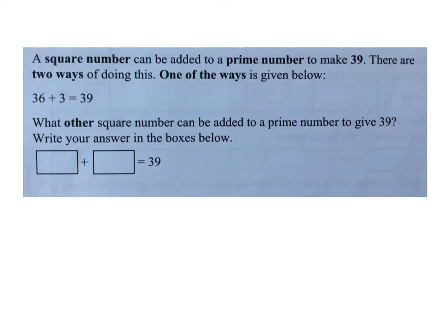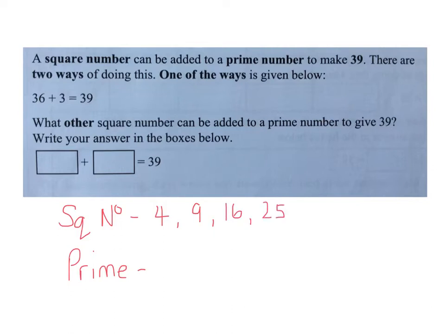Well, we need to write out a few square numbers and a few prime numbers. So square numbers are numbers made by multiplying a number by itself. 2 squared is 4, 3 squared is 9, 4 squared is 16, 5 squared is 25, 6 squared is 36, and we've gone high enough because we need to total 39.